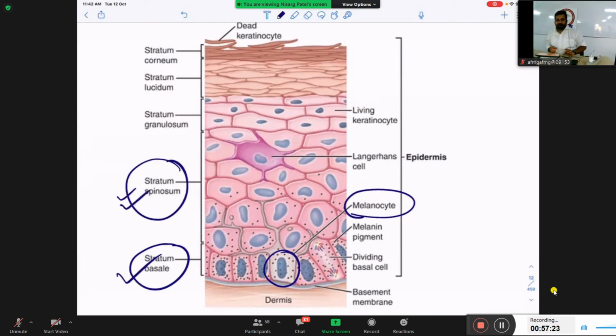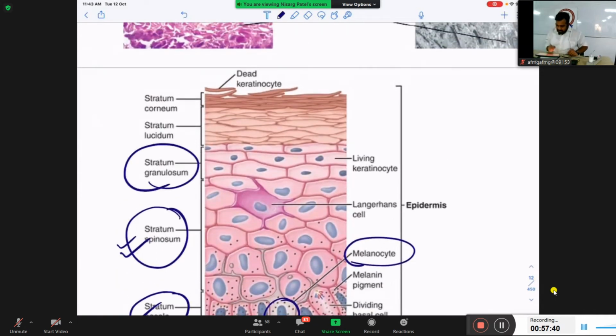Second is the spinosum. It has spikes, right? What are these spikes? These are the spikes of the desmosome. So if I say in acantholysis, which layer is affected? Stratum spinosum is affected, right? Coming to the stratum granulosum, keratohyalin granules are produced by which body?